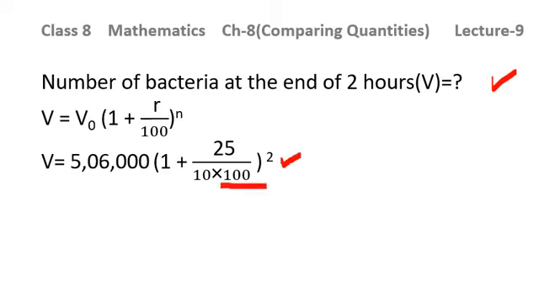So it will be 1 plus 25 over 1000 raised to the power 2. After cancelling out 25 over 1000, you will be getting V is equal to 5,06,000 bracket 1 plus 1 over 40 raised to the power 2.